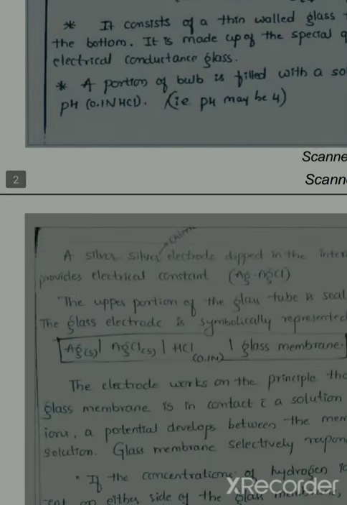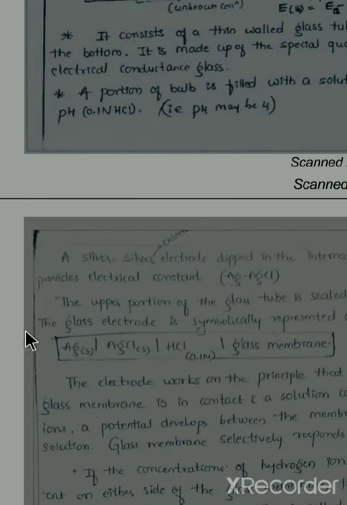So that's what you have to represent here. Ag, which is in solid state, and then AgCl, again solid, and then you have HCl having the concentration of 0.1 normal. You can say normal or molar, because for HCl normality is equal to molarity. And that is in contact with the glass membrane. So this is about the construction of a typical glass electrode.